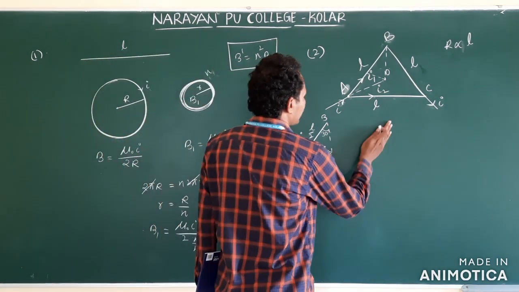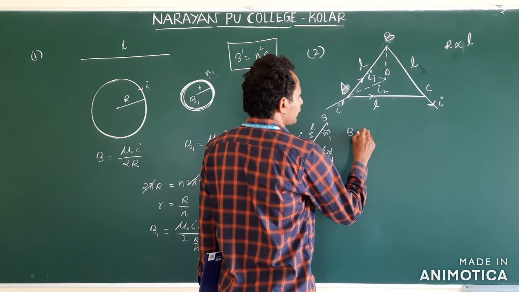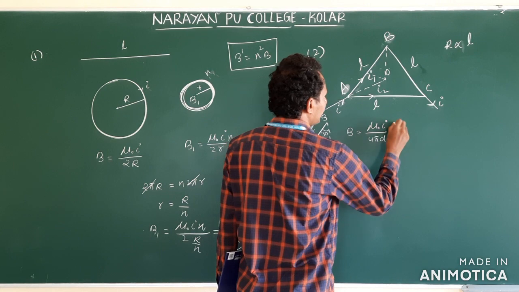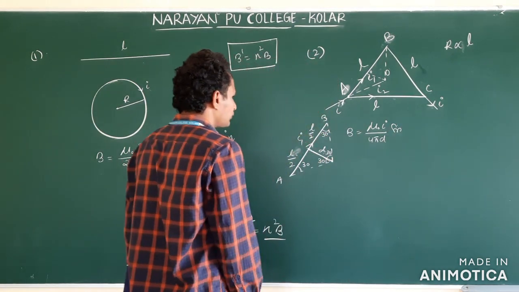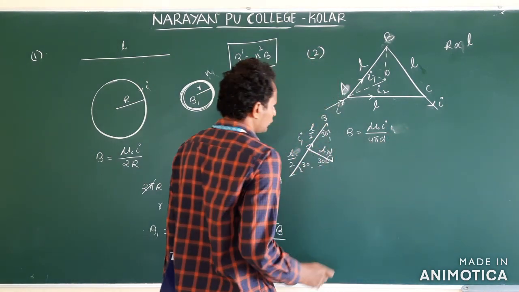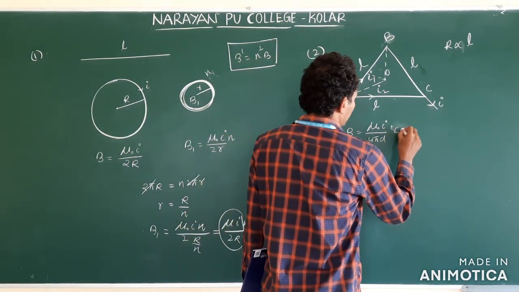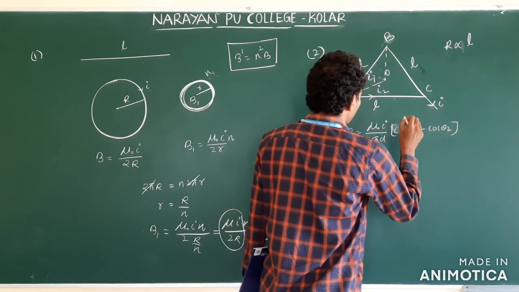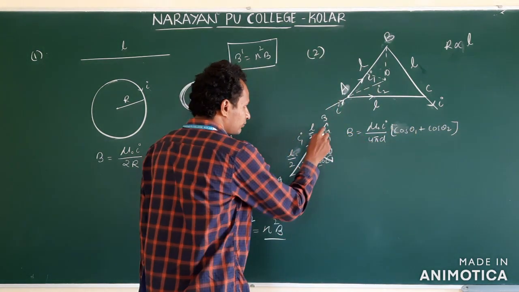Now for a finite conductor, what is the field formula? B is equal to mu naught I by 4 pi d, sine, or we take cos, no problem: cos theta 1 plus cos theta 2. Theta 1, theta 2, where do we consider?